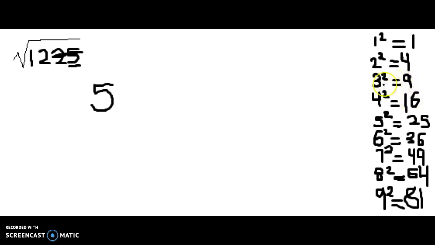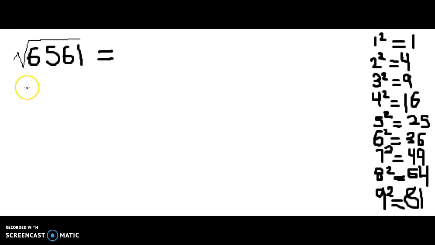So you have 9, you know that your number is going to begin with a 3, so the answer is 35, because 9 is smaller than 12, and there is no other number which is smaller. 16 is larger, so that's basically it. And I'm going to be showing you a couple more examples so that you get it.